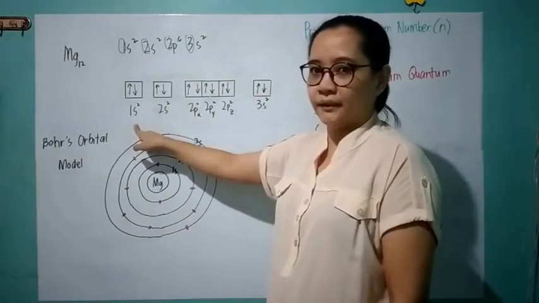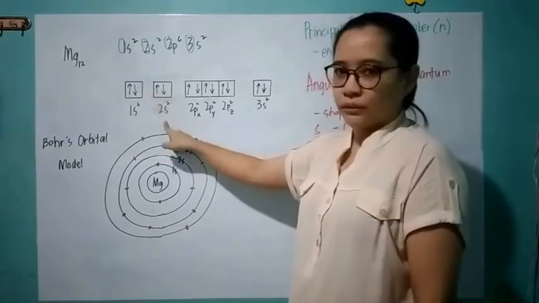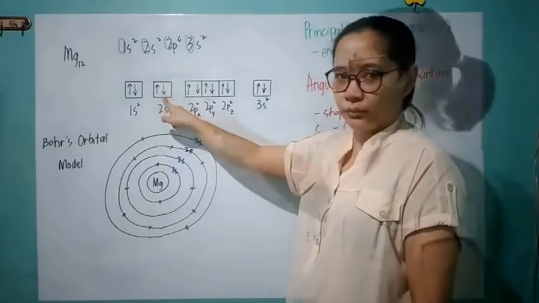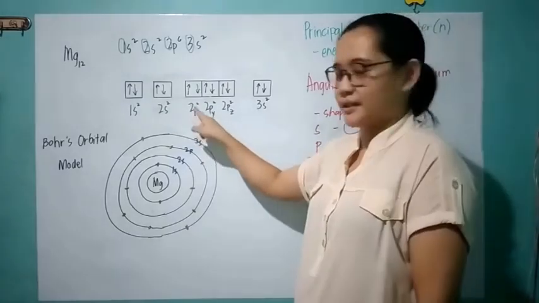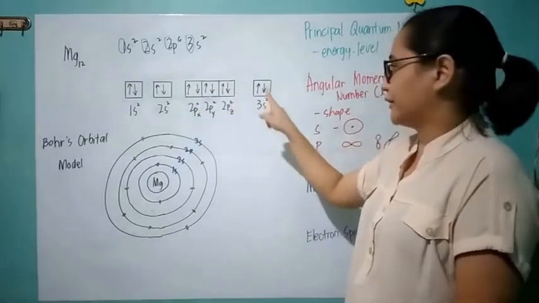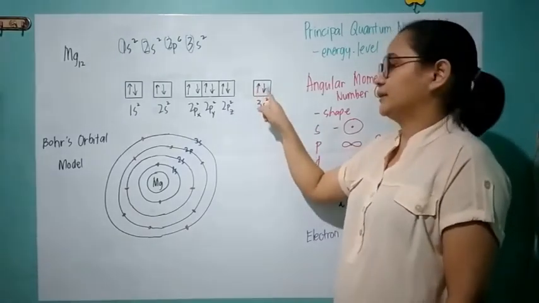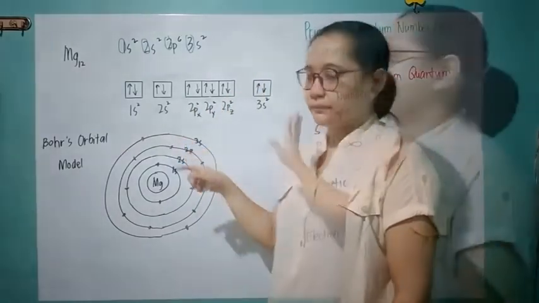First orbital, we have 2 electrons, 1, 2. Second orbital, which is 1, 2. For the third orbital, we have 6 electrons, 1, 2, 3, 4, 5, 6. And for the last orbital, 2 electrons, 1, 2. A total of 12 electrons.